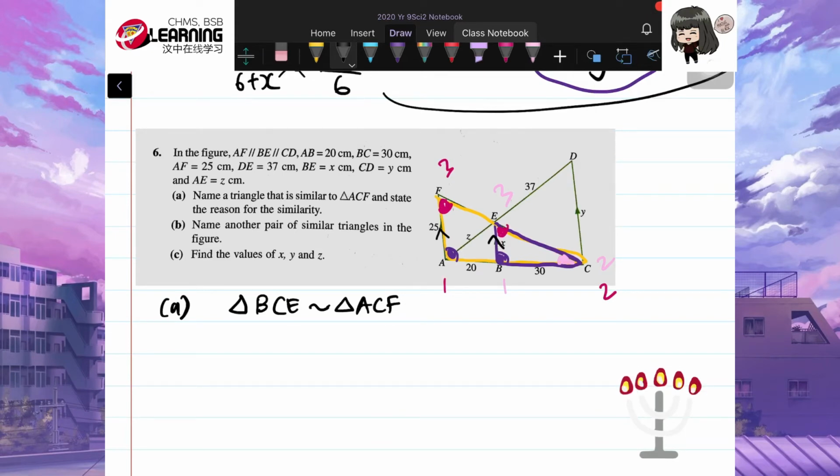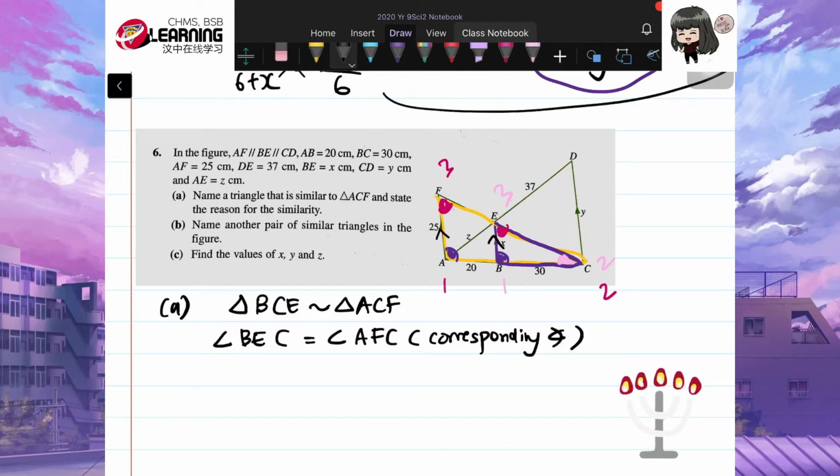First A, the dark pink one: angle BEC equals angle AFC, and the reason is corresponding angles for parallel lines, the angles in between the parallel lines.